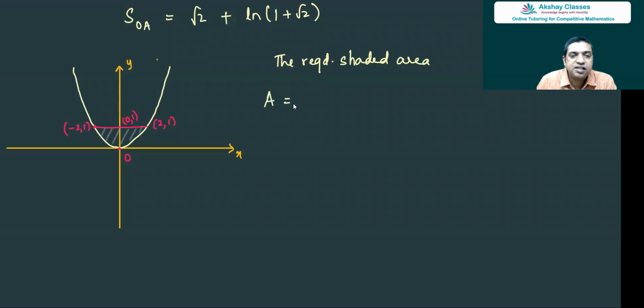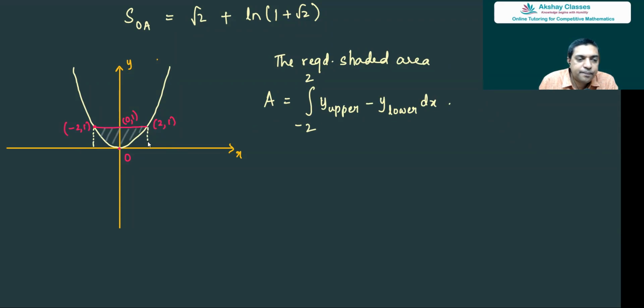I'll call it A. This will be equal to integral minus 2 to 2, upper curve minus lower curve, y upper minus y lower. That means it is the area of this rectangle minus area bounded by the parabola with respect to the x-axis.